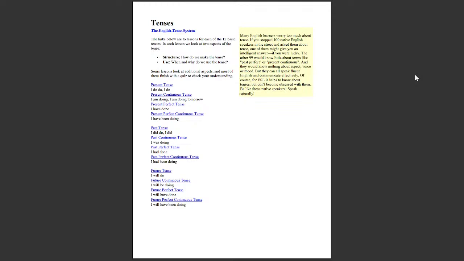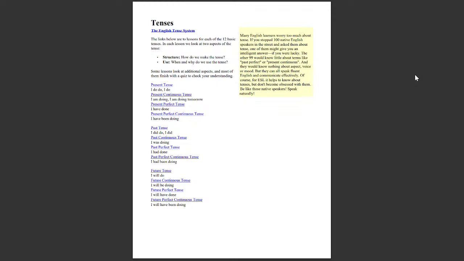Today is about the present tense. But before going to the present tense, let me tell you one little thing: many English learners worry too much about the tenses. Actually, if you stopped 1,000 native English speakers in the street and asked them about tenses, maybe one of them might give you an intelligent answer.